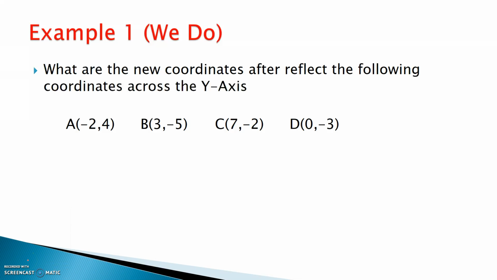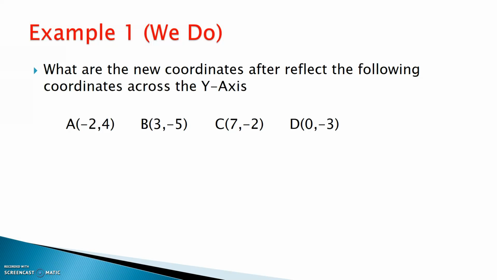All right, so example 1, we'll do this one together. What are the new coordinates after reflecting the following coordinates across the y-axis? So again, if this comes up on a test and you forgot the rule, could you plot A, B, and C on the coordinate plane and then visually reflect it over? Yeah, absolutely, and I would not stop you from doing that. But what's the shortcut here?